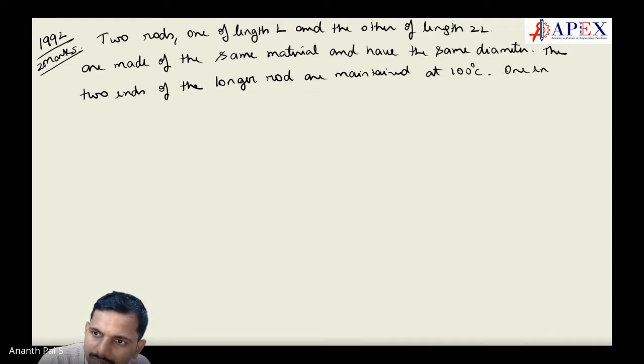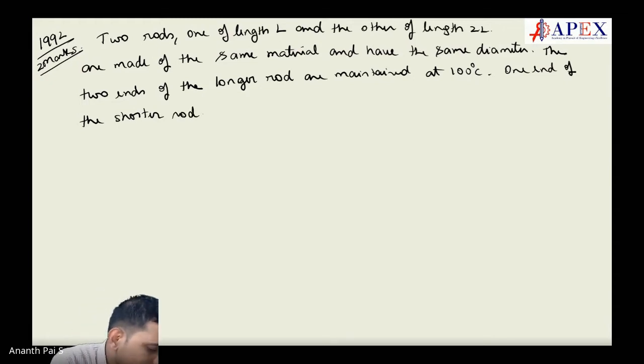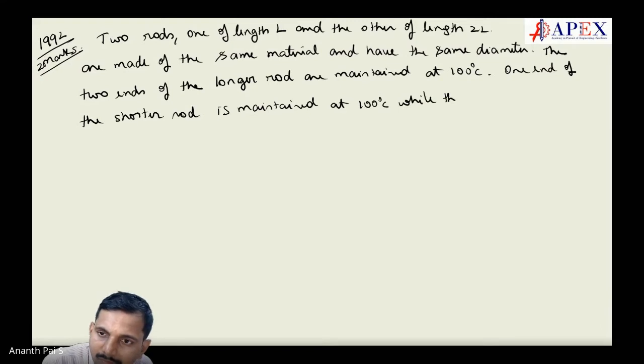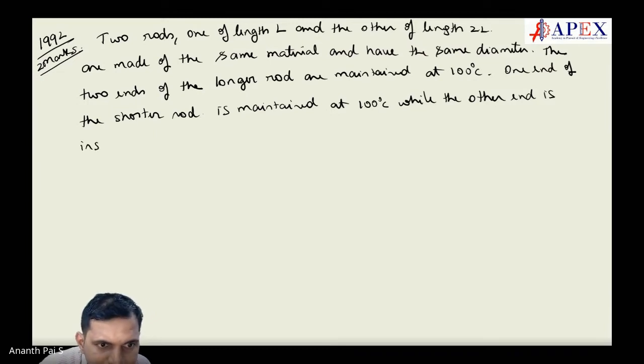One end of the shorter rod is maintained at 100 degrees centigrade, while the other end is insulated.